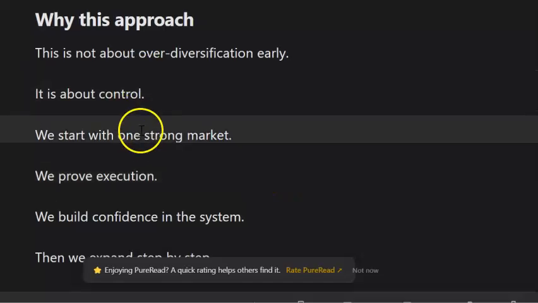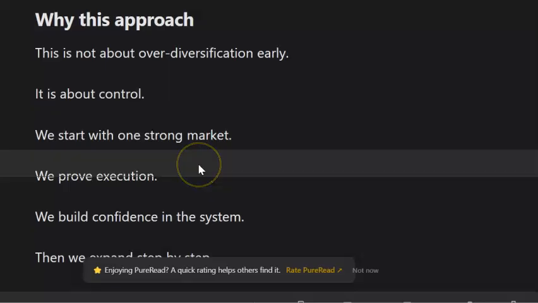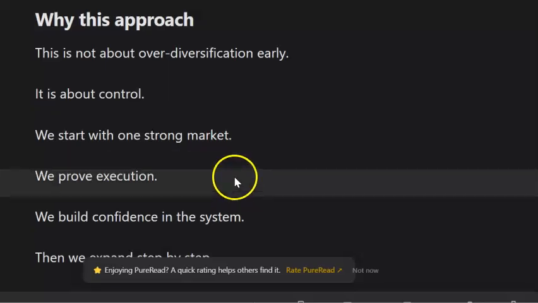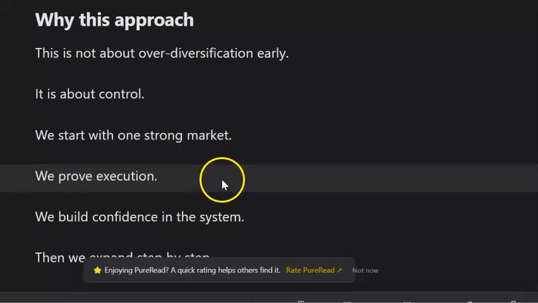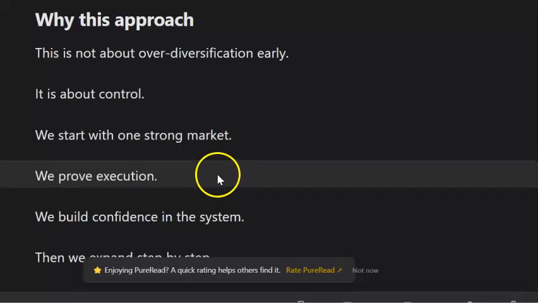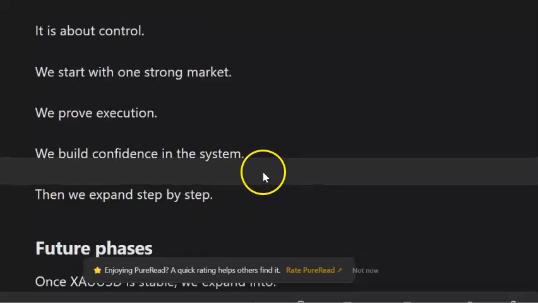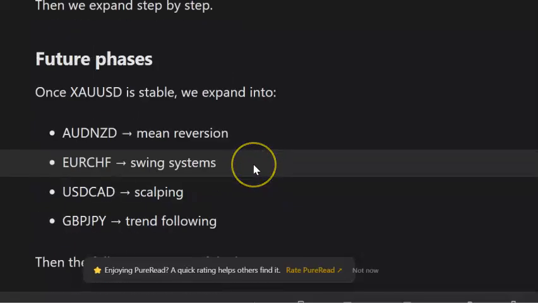So why this approach? It's not about diversification early, it's about control. We start with one strong market, which is gold, and we prove the execution, get validation, and gain confidence in the system by generating profits. Then we expand step by step.